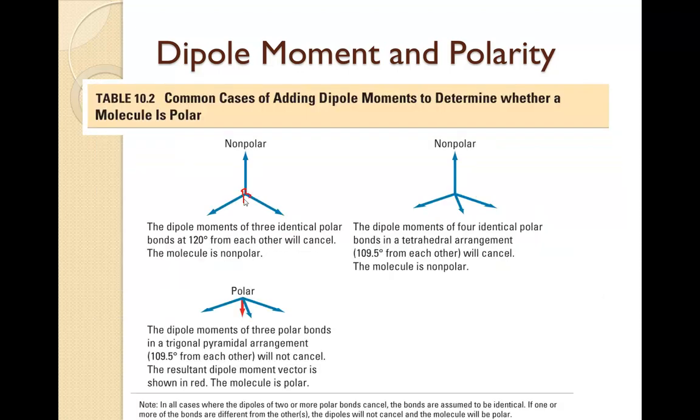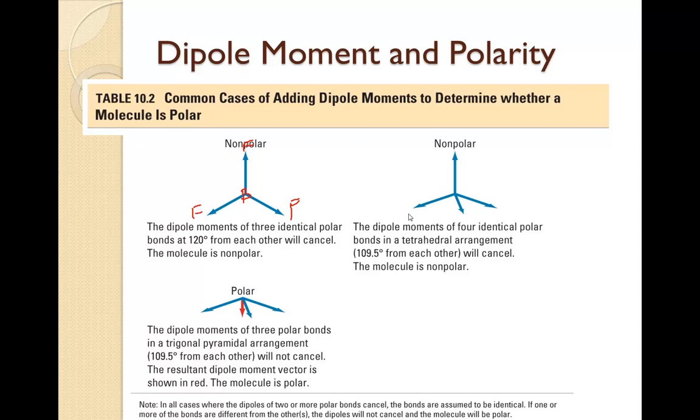If it's BF3, it's considered nonpolar because all the fluorines, once again, are pulling at the exact same amount. However, for tetrahedral, the dipole moments of 4 identical polar bonds will cancel.